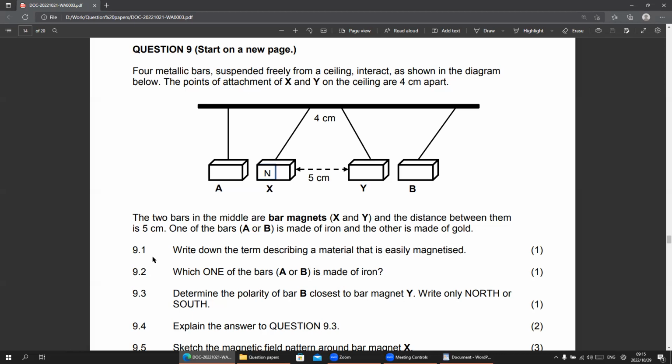So they say write down the term describing material that's easily magnetized. They say which one of the bars is made out of iron. So they even show you like the North Pole and stuff.